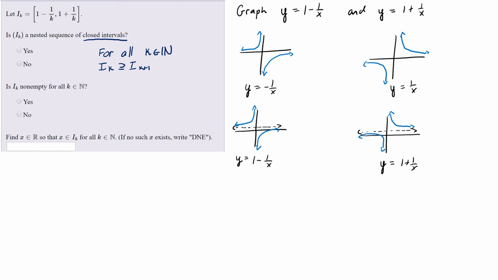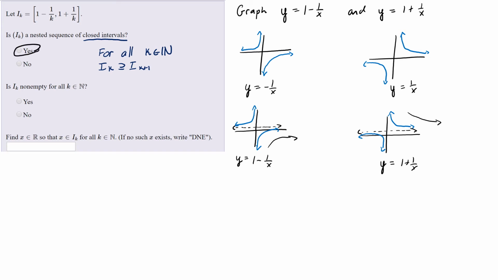Over here, these left endpoints are increasing as we go this way. And over here, the right endpoints are decreasing. This tells us that the left endpoints are increasing and the right endpoints are decreasing, which is telling us that as k gets bigger, the size of these intervals gets smaller and smaller. They're shrinking. And so this leads us to believe that indeed they are nested.